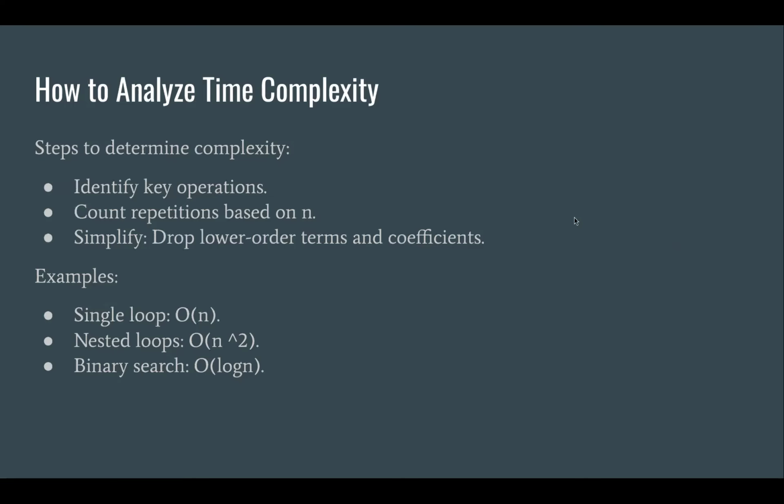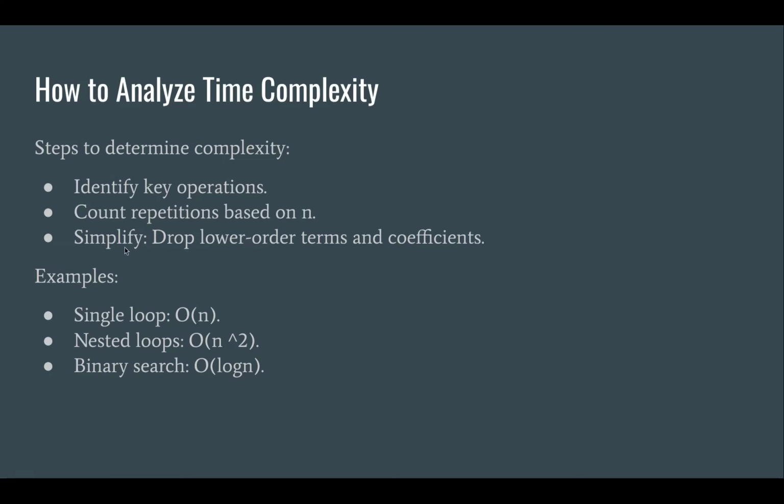How to analyze time complexity? In order to determine the time complexity of an algorithm, you can generally follow these steps. First, identify the basic operations like comparisons or assignments. Next, count how many times these operations are executed relative to the input size n.